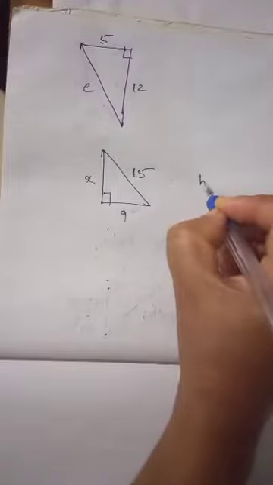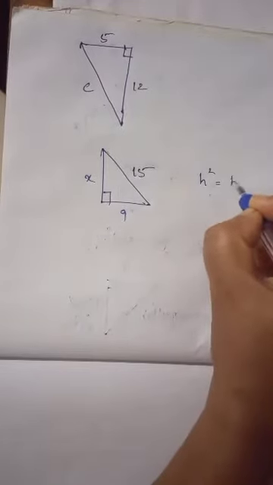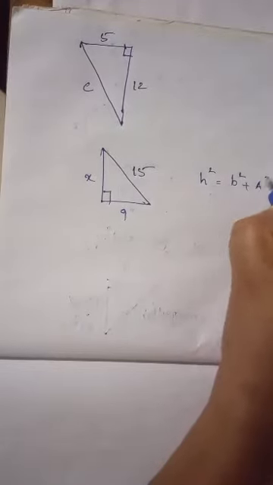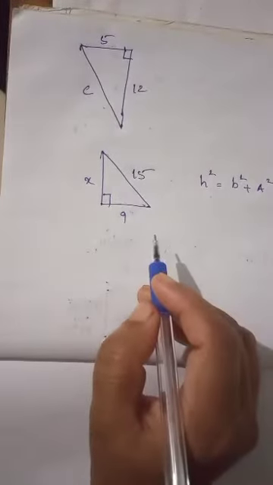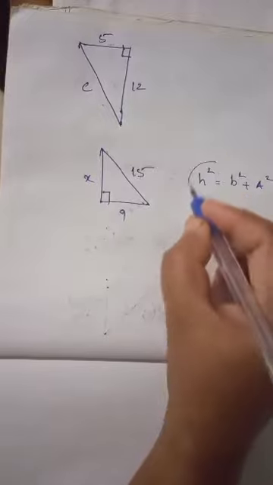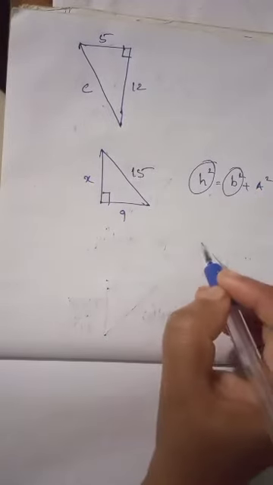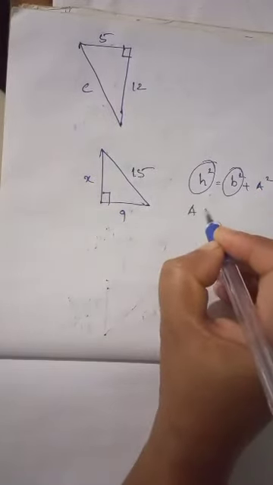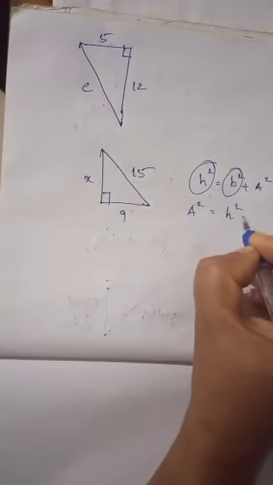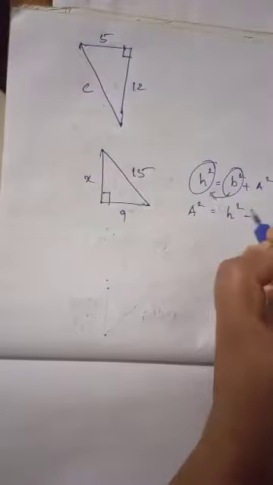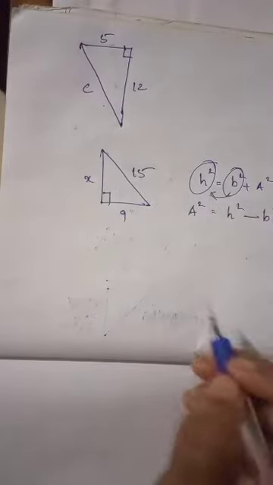We know that hypotenuse square is equal to base square plus altitude square. But here hypotenuse is given, and base is given. Then how to find altitude square or height? Altitude square is equal to hypotenuse square minus base square.